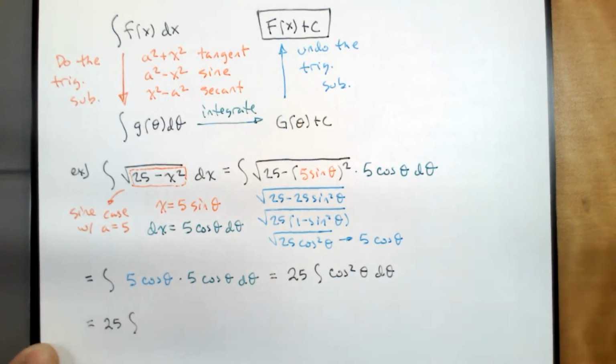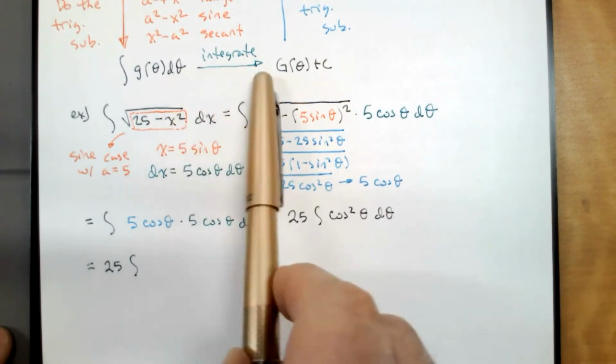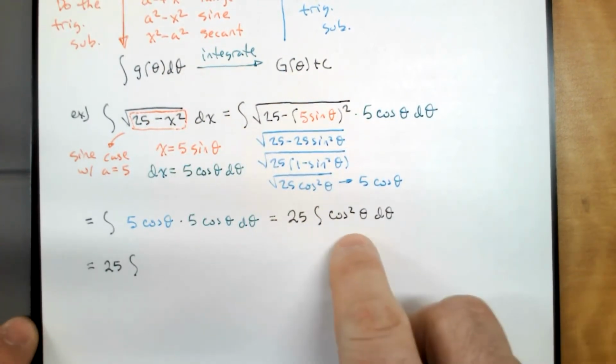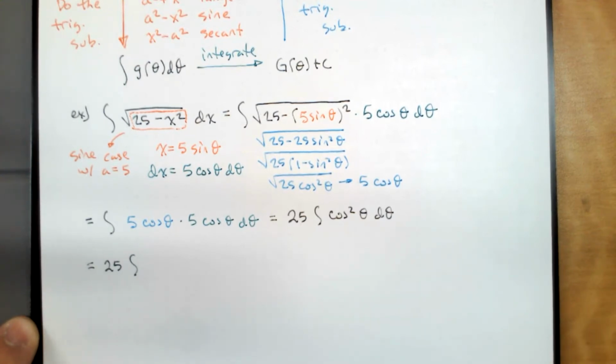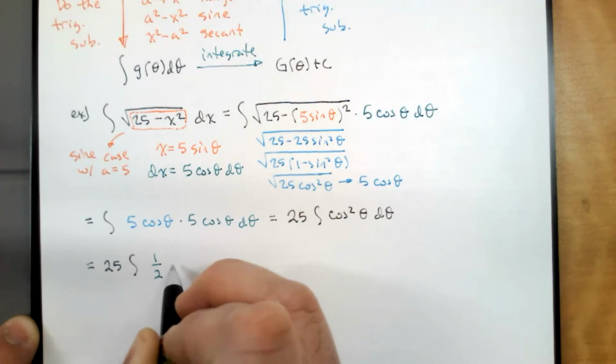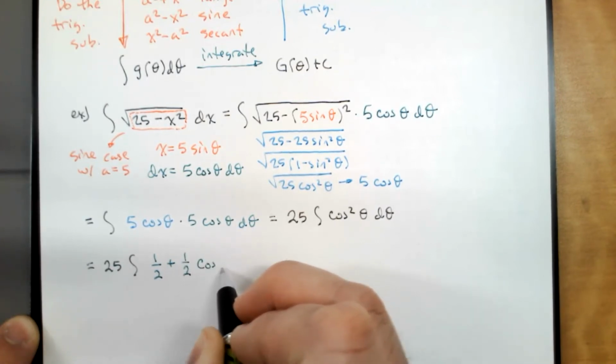Right now we're in the process of integrating. We're going across to find the antiderivative in theta. Cosine squared theta with a double angle identity is going to be 1/2 plus 1/2 cosine of 2 theta.